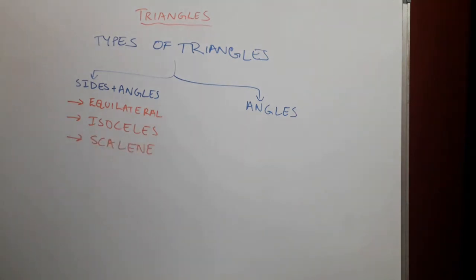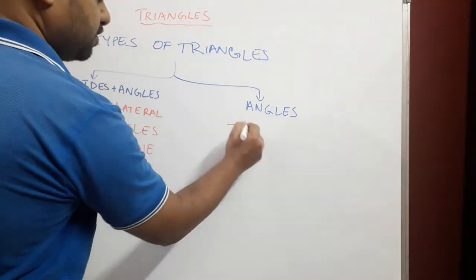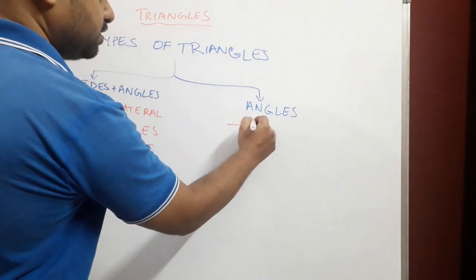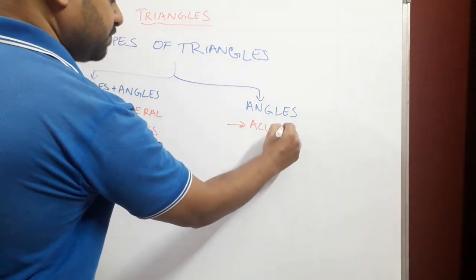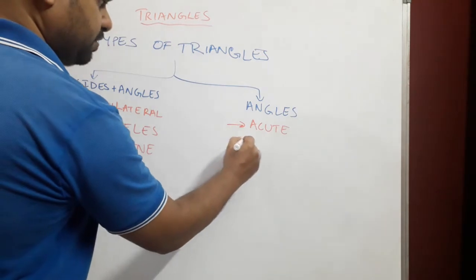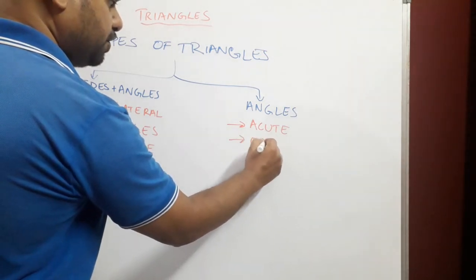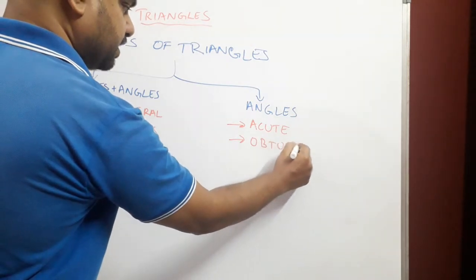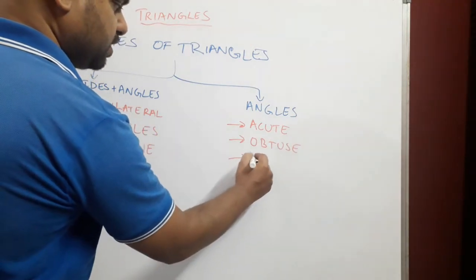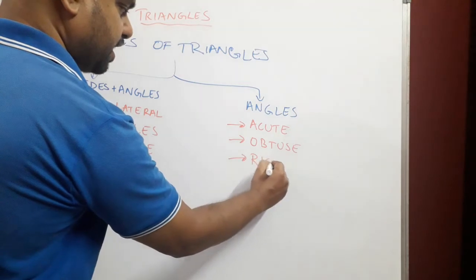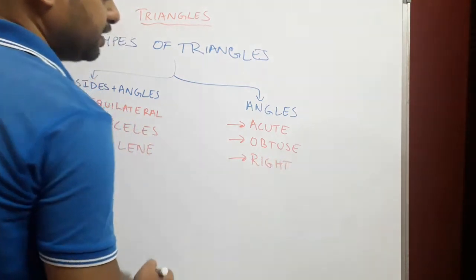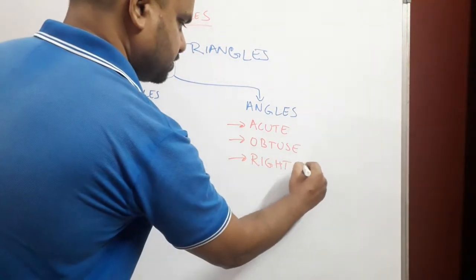And the ones which are exclusively under angles, first you have the acute triangle, then you have the obtuse triangle, and the third one is your right angle triangle. So I'll just put it as right angle.